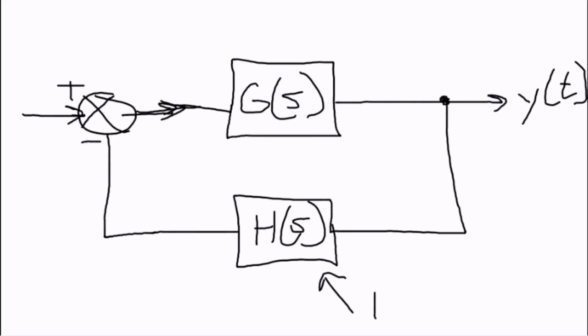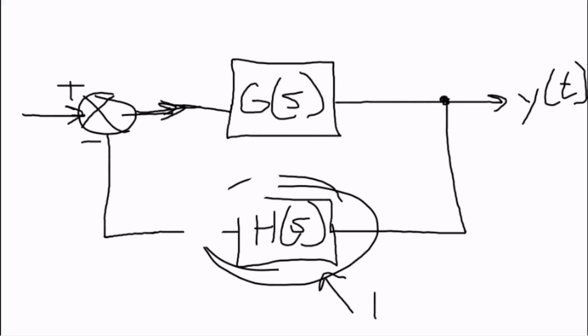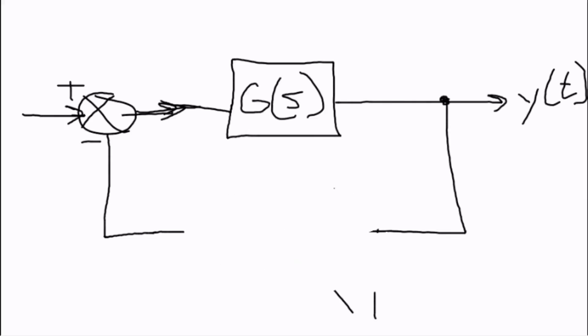Oftentimes that H of S will be values other than 1, and it will mean that in order to find certain characteristics of the transfer function and of the response, you will have to simplify your feedback loop so that you can turn it into a unity feedback system. If H of S, this block right here, equals 1, then you can simplify the circuit. This would just be a line. All right, that's a unity feedback system.